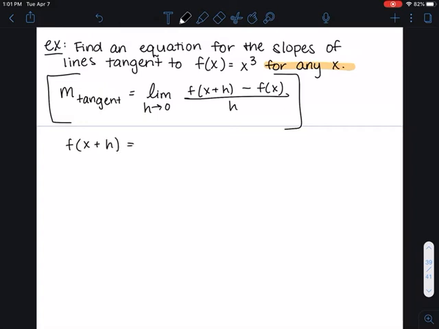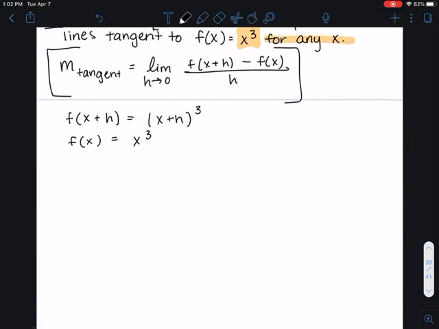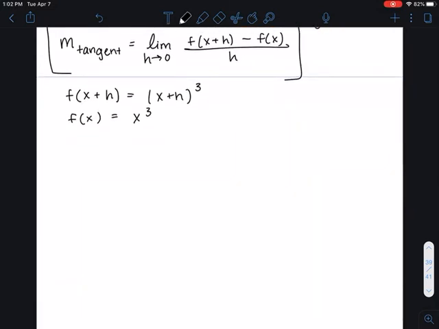Alright, so first and foremost, let's find f of x plus h. Well, my f of x is equal to x cubed, so my x will become x plus h cubed, and then f of x will be equal to x cubed. I replaced my x, the next nothing changed, it stayed the same. Alrighty, so now let's go ahead and plug this in.